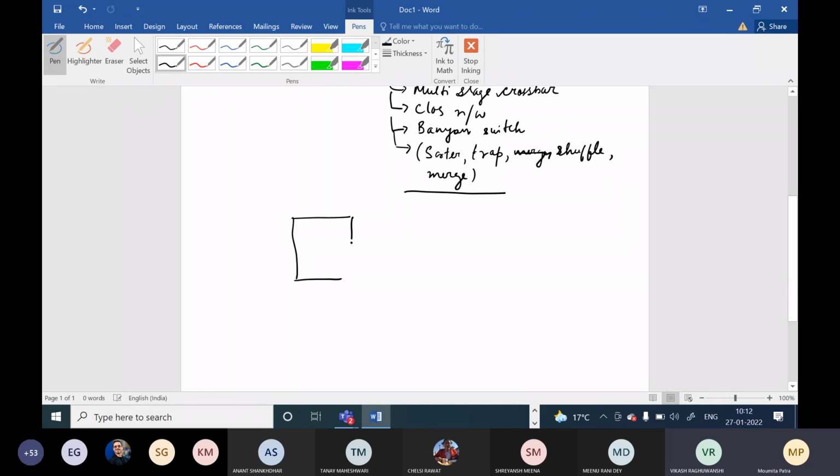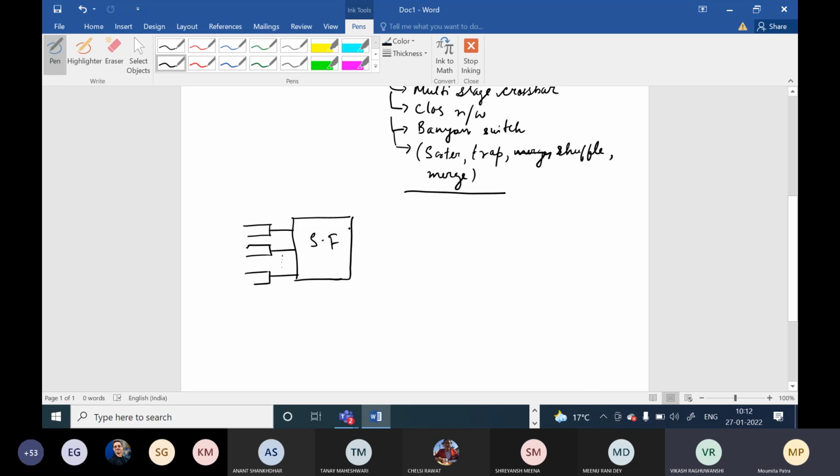So let us think this is the switch fabric. Now what do we know about what happens in general? Okay, so we have buffers here at the input ports because many inputs can come at the same time and your input line speed may not be as fast.